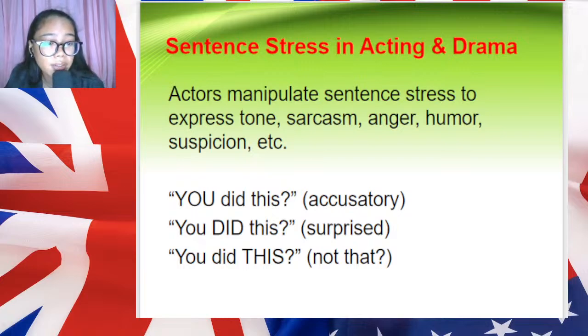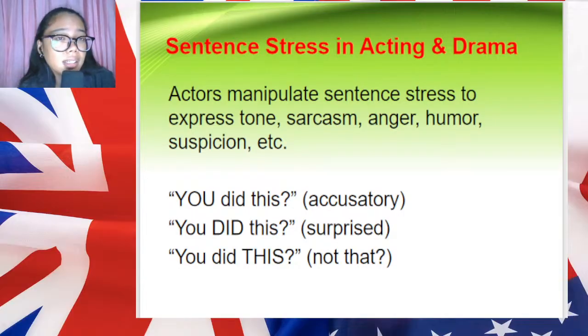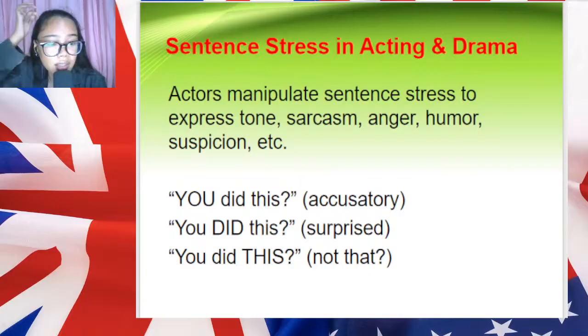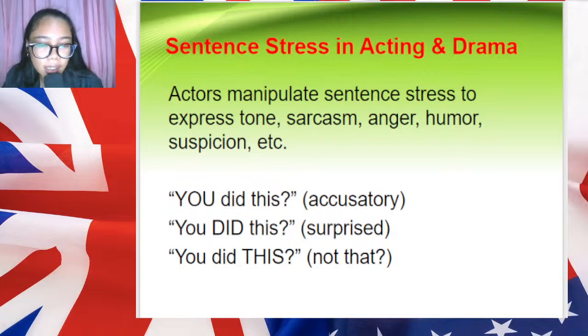So this signals surprise or confusion about whether something was done at all. Okay? Our tone here should be, I guess, astonishment in a way, and incredulity. And when we dissect the second sentence, you did this, we can say you actually went through with it. Okay, here we're challenging the reality of the action. Okay, focus on the action.